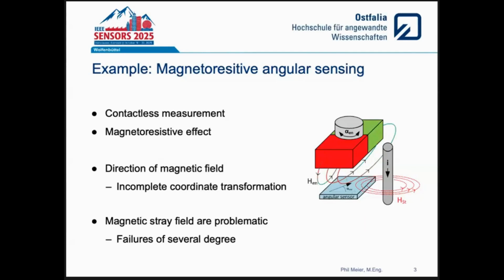Those sensors perform very well, but if there's a stray field, it disrupts the measurement quite heavily and causes measurement errors of several degrees, since the XMR sensor can be seen as an incomplete coordinate transformation.